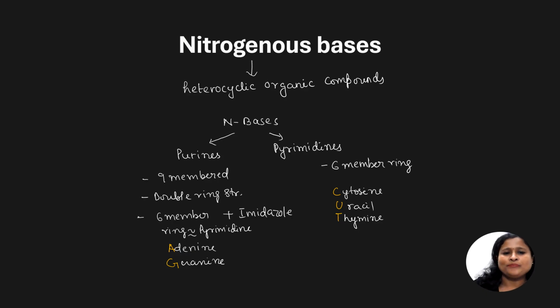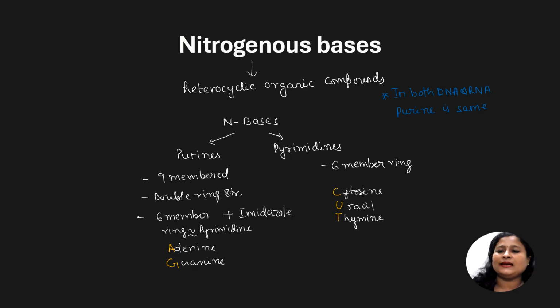Okay. Now, if we see the purine, it remains the same in both DNA and RNA. So what differs?